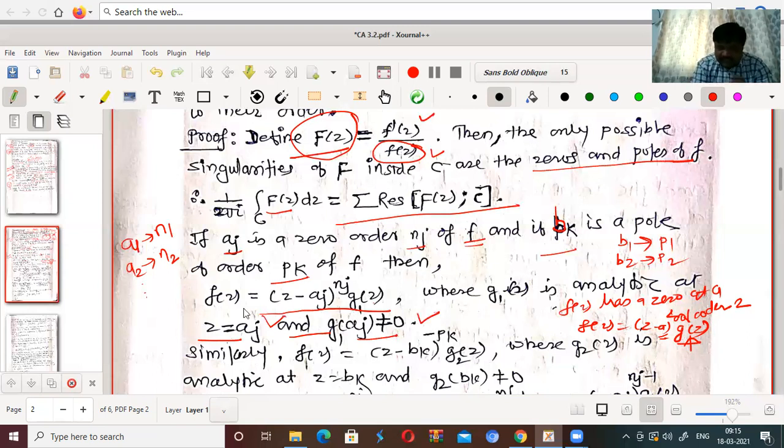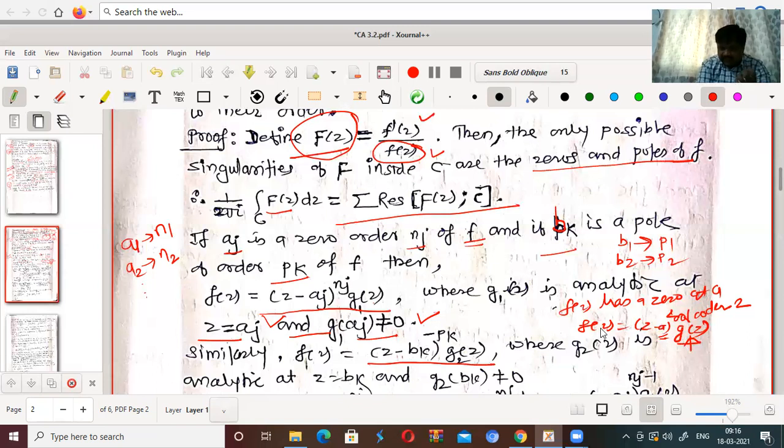Similarly, as f of z has poles at bk of order pk, then f of z can be written as (z minus bk) to the power minus pk. Now this is for zero. And what about a pole?